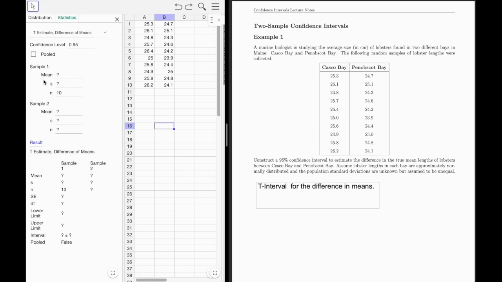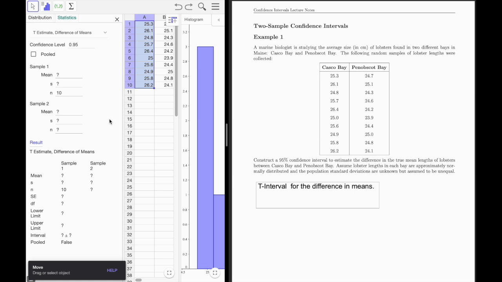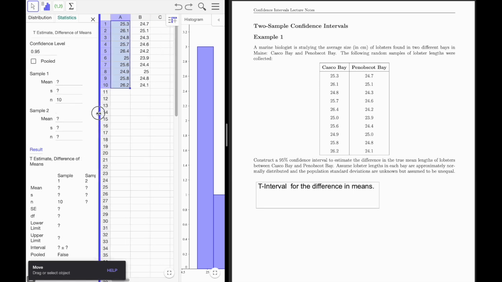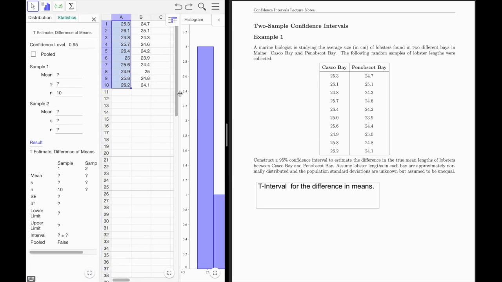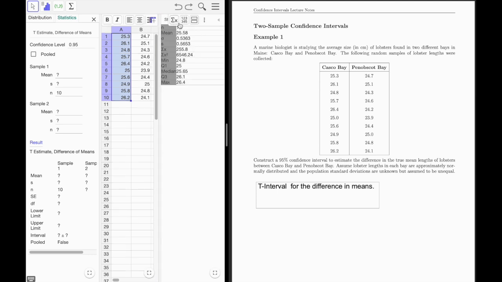Now, for each sample, I need to know the mean, the sample standard deviation, and the sample size. So I'm going to highlight the data from sample 1. I'm going to choose the histogram icon and choose one variable analysis. Then I'm going to click on the button to show statistics.